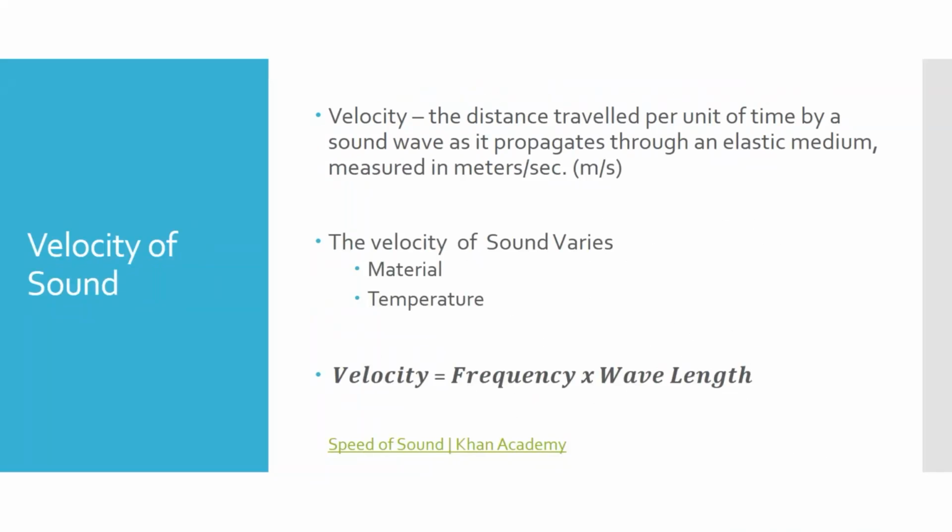So every material is going to have a certain velocity. Even in the same material, one of the things the velocity depends on is the temperature. With colder materials and warmer materials, the velocity is going to change. When do you think it moves faster, and when slower?